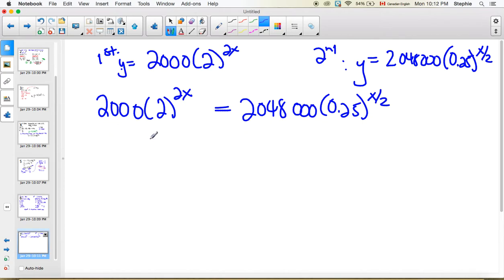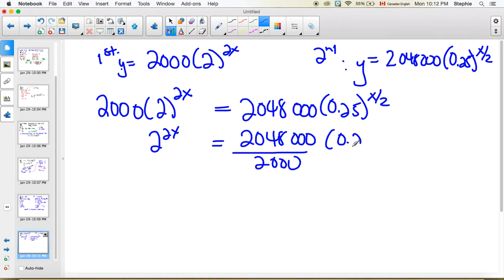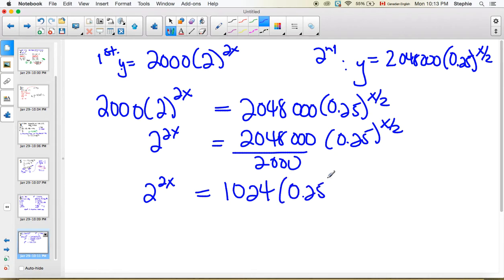Right away, I'm going to try to simplify my life by dividing this by the 2,000 so I can get a nice number. Most of you did this, so most of you already knew to figure that out. And so you ended up having 2 to the x, and you have 1024 times 0.25 to the x over 2. All right, this is about as simple as it gets.